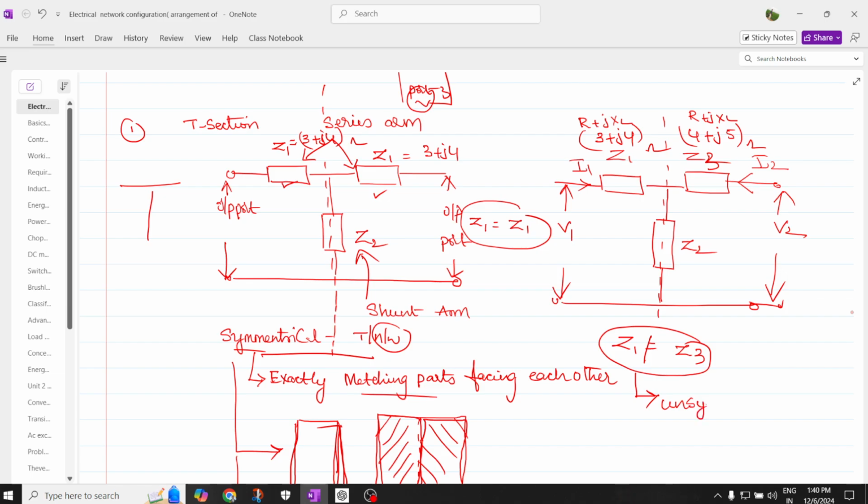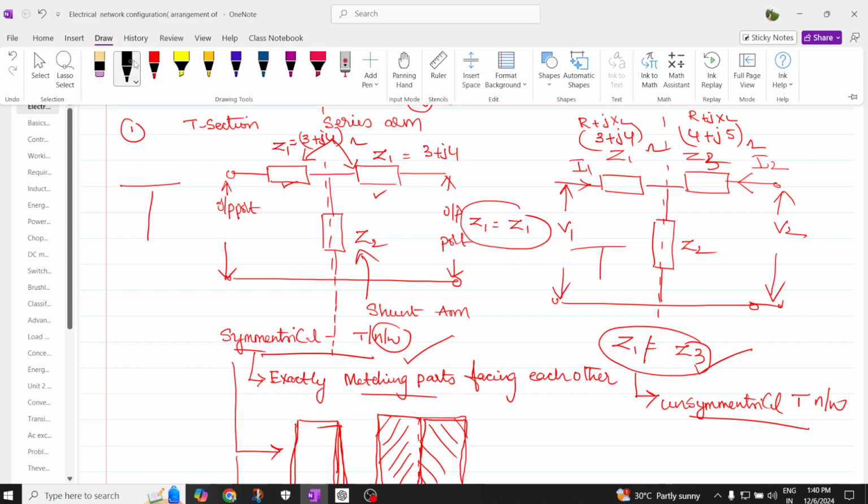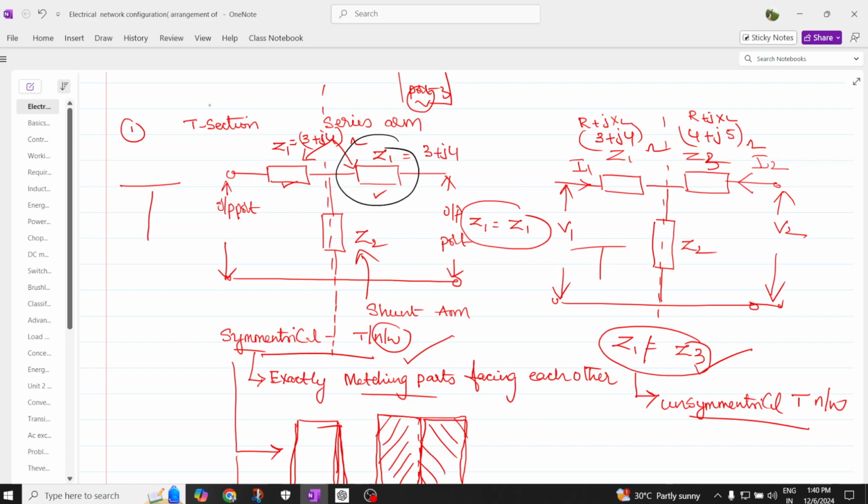This resembles a T, so it's called an unsymmetrical T network. This one is called a symmetrical T network, and this is an unsymmetrical T network. Here both Z1 values are the same, that's why it is called symmetrical.